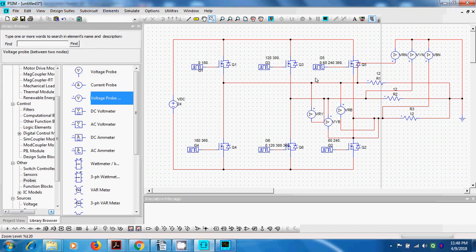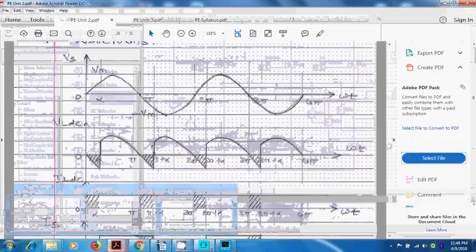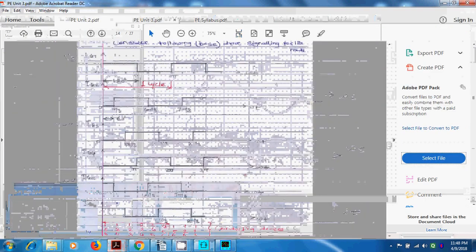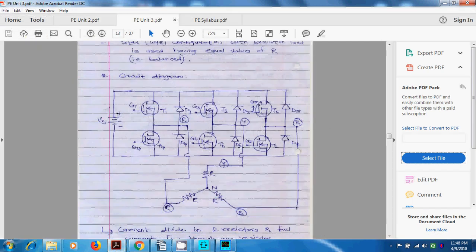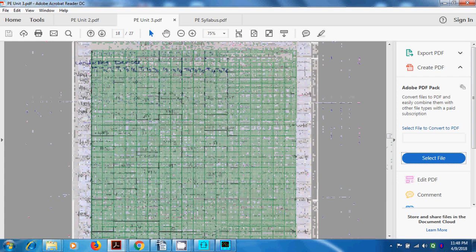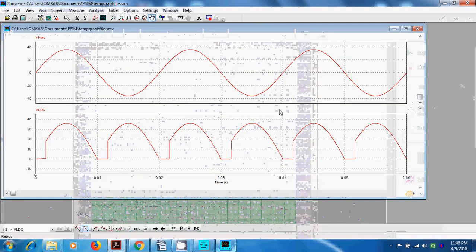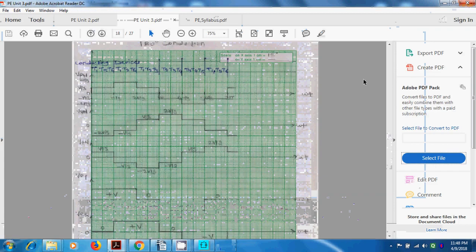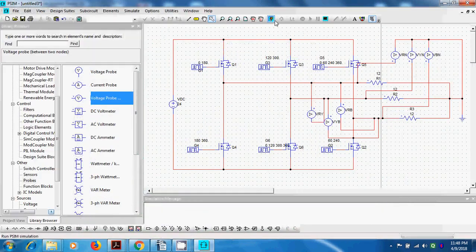Now this is the actual circuit diagram that I have built. From this circuit, I have to get the 180-degree conduction mode, that is 6 step, for VRN. Now let us run it.